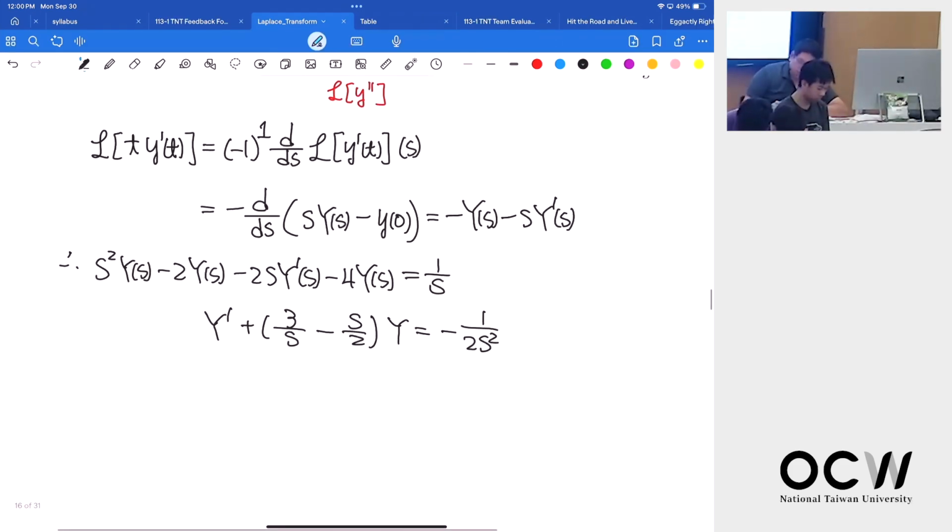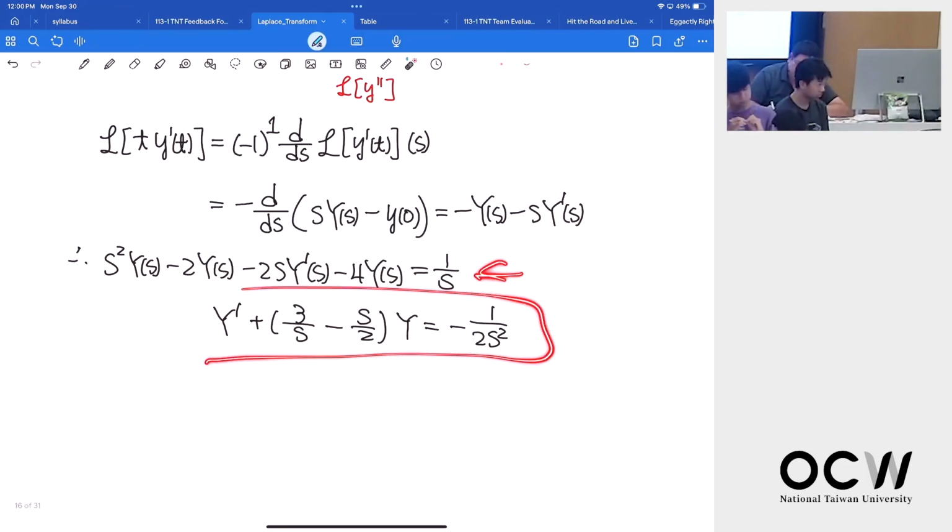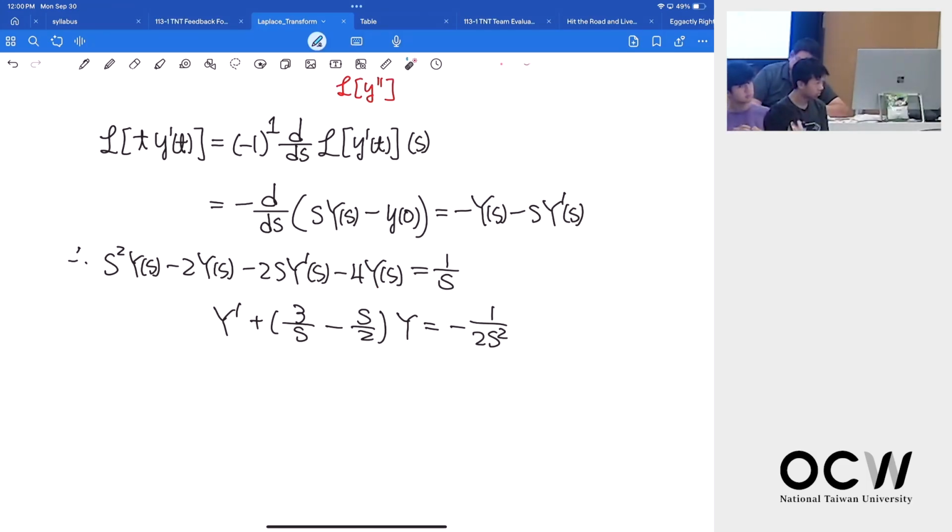If you rearrange this, you see that actually here it is also a differential equation, and this differential equation is which type? Separable, linear, exact, or any other special one?